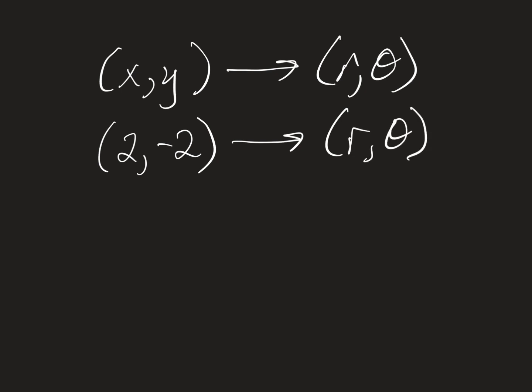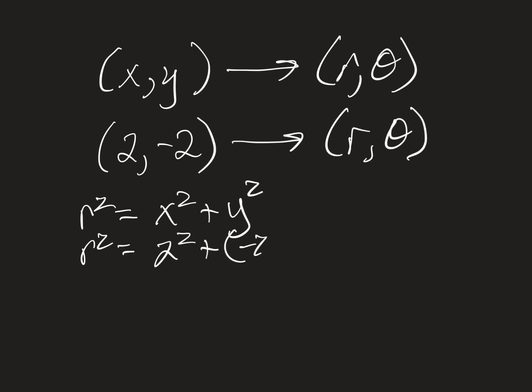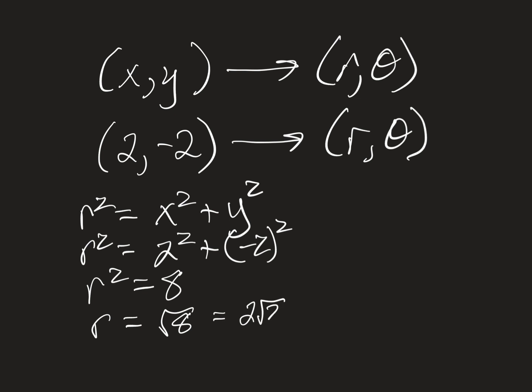We know r squared equals x squared plus y squared. So r squared equals 2 squared plus negative 2 squared, so r squared equals 4 plus 4, or 8. So r is equal to the square root of 8, which is equal to 2 square root of 2.